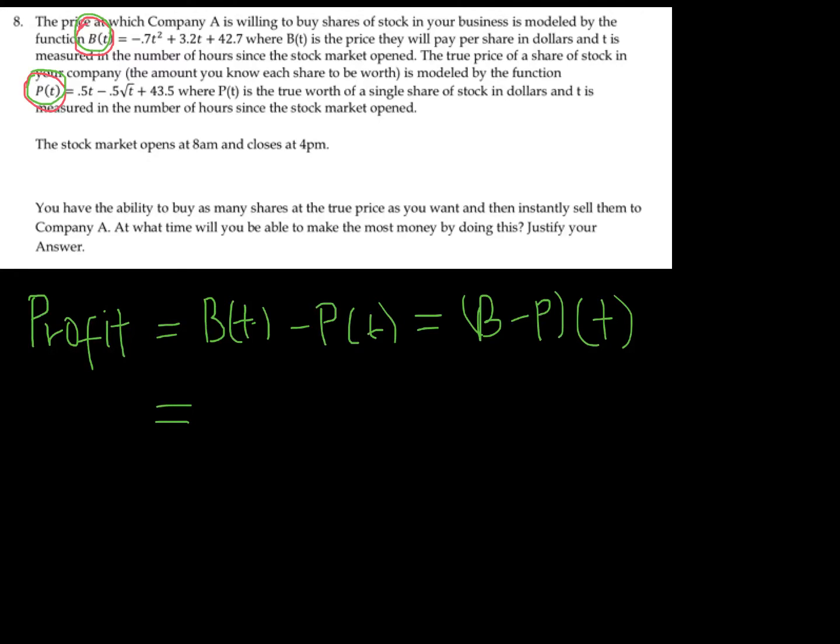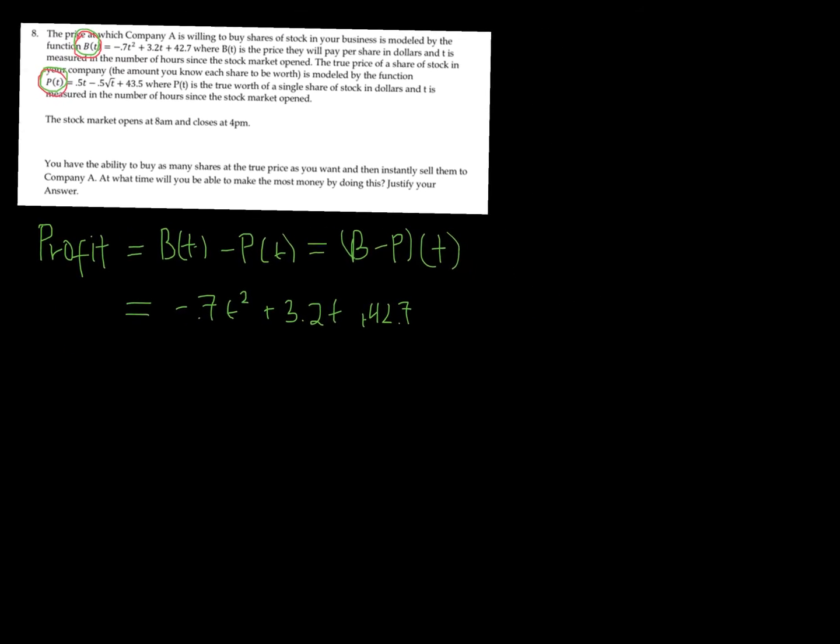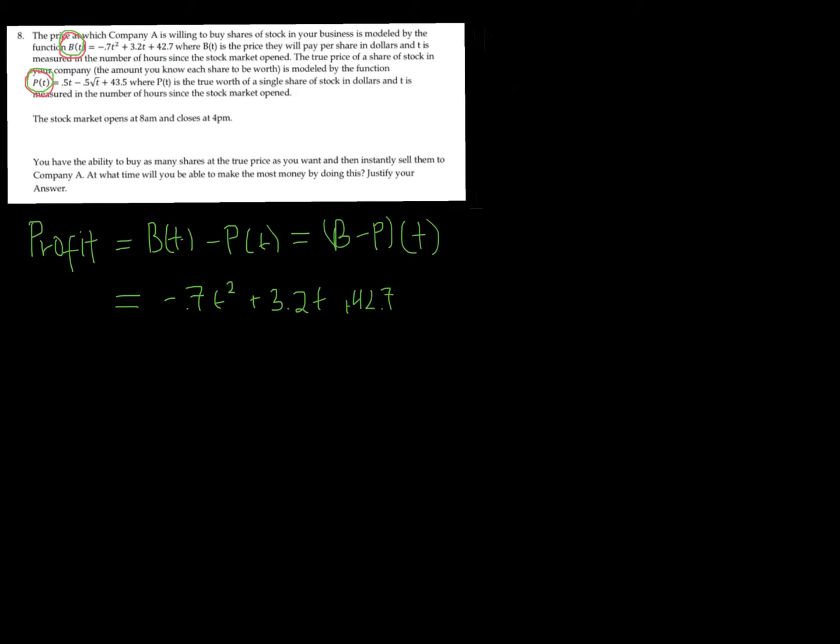And when I actually do that, I will take my function B of t, negative 0.7 t squared, plus 3.2 t, plus 42.7, and I'm going to subtract all of P of t. And this is where I've got to be a little careful in how I do the subtraction.